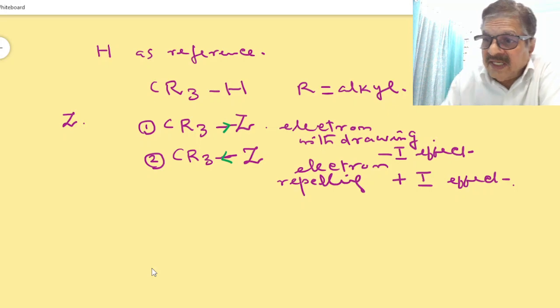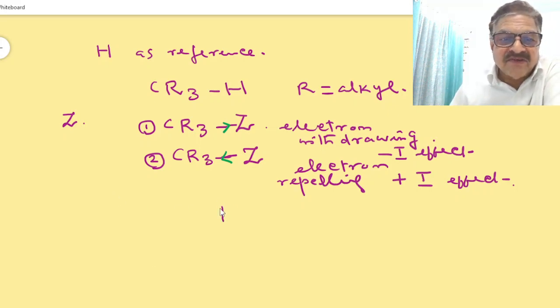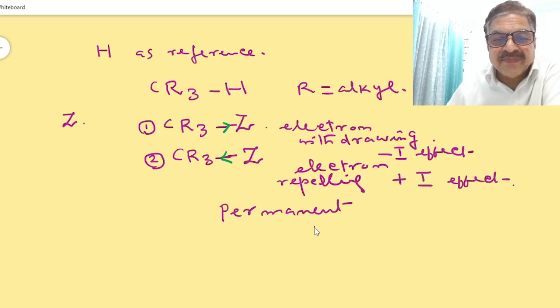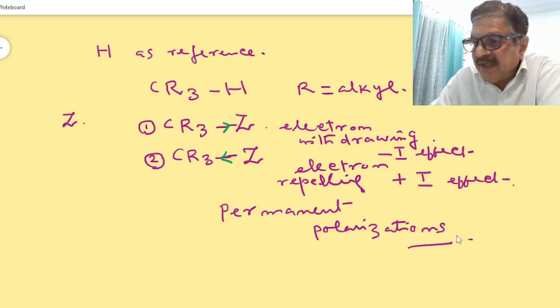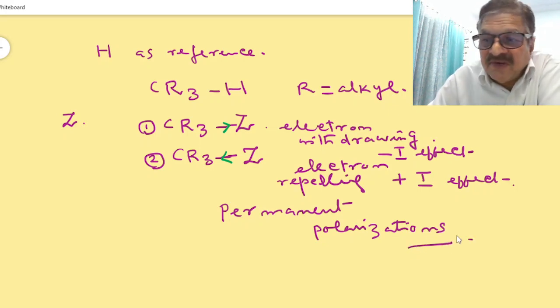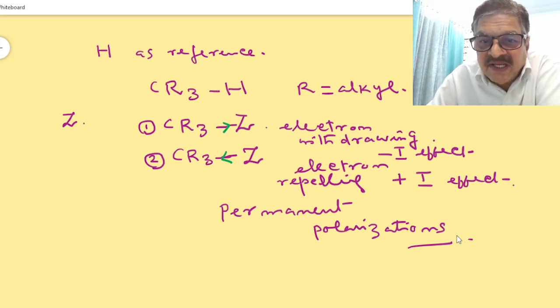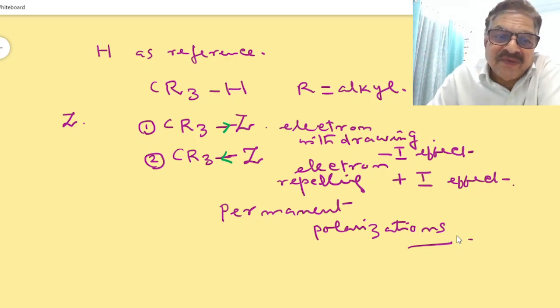Now, all inductive effects are permanent polarizations in the ground state of the molecule, not the excited state. It will decrease rapidly as the distance from the source increases.